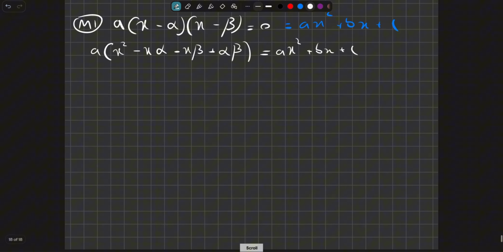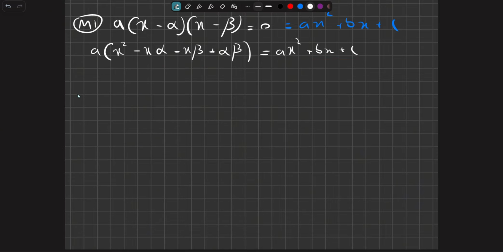Now what we can do here is we can do 2 things. We can either expand this times everything by a, or we can divide both sides by a. To see the result clearer, I'm just going to divide both sides by a.